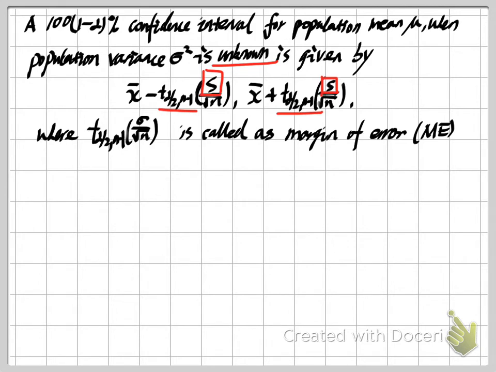Okay, so this is how we can find the confidence interval when our population variance is unknown and also the sample size is really small.